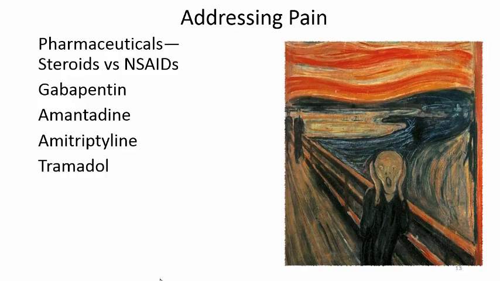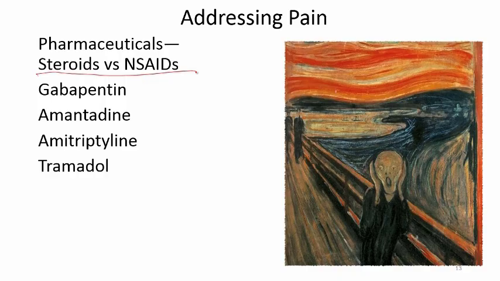Now this picture here is, of course, The Scream, and I always like to think about chronic pain as being like that. And our patients can have chronic pain with many of these neurological conditions. So what happens with neurological disease? Should these dogs be on steroids, or should they be on NSAIDs? Well, here's the thing.